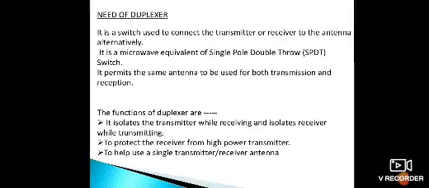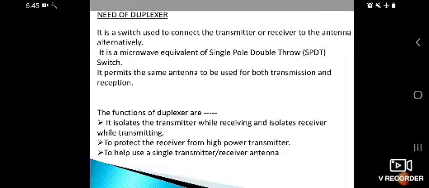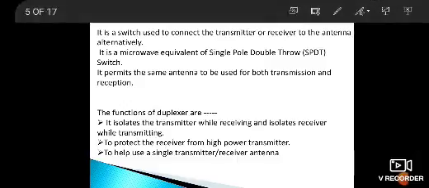It is just like a single pole double throw switch. We are well aware of the types of switches in our semiconductor devices. This is the single pole, and we have a double throw.